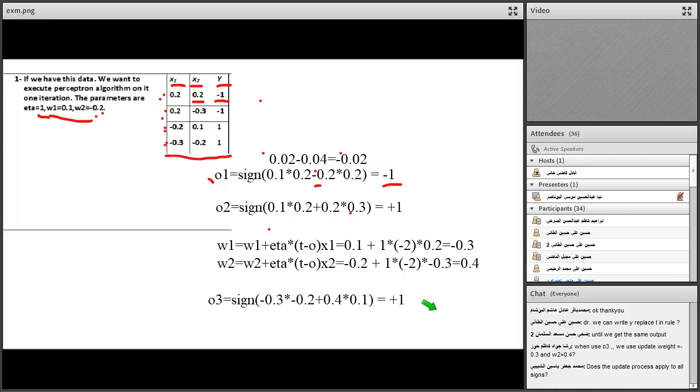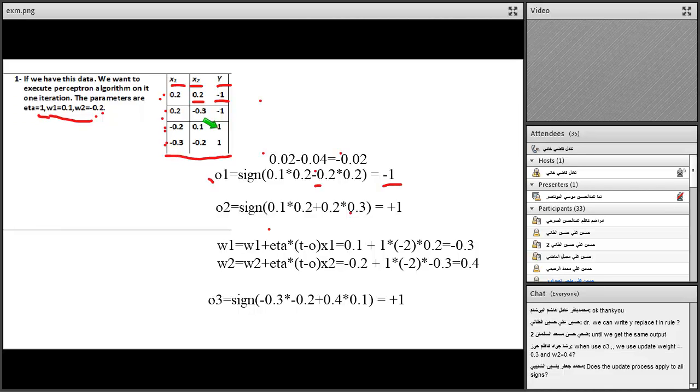For the third data, you see that O3 is equal to Y here, so we don't need to update the weights.